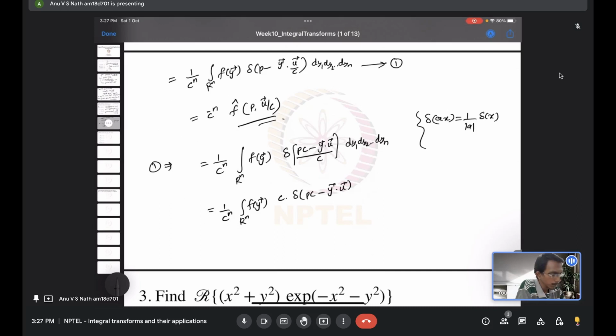Then this c along with the c raised to minus n outside can be written as c raised to 1 minus n, because c is a constant, we took it outside. The remaining quantity is, in another form, the definition of again the Radon transform of the function f, but now the variables are pc and u.